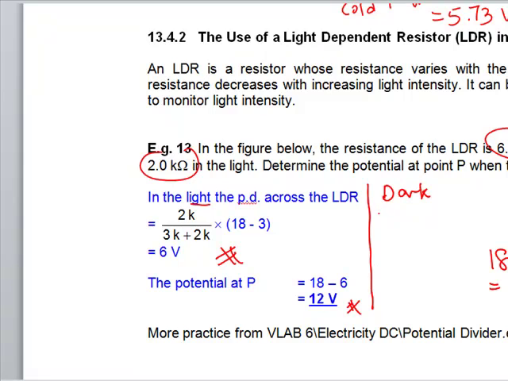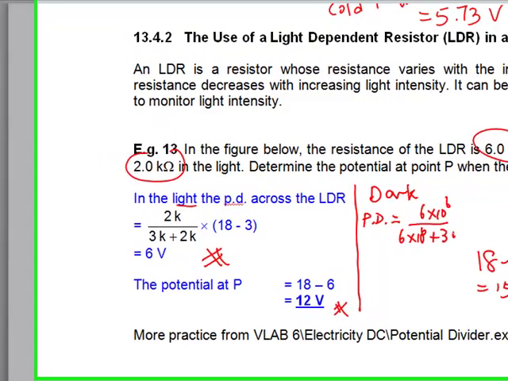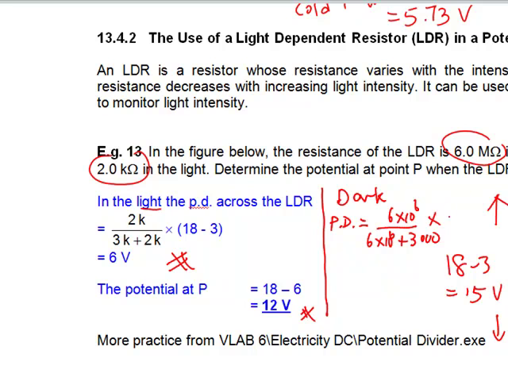Okay, you can repeat the same calculation when the LDR is in the dark. The potential difference across it will be 6 times 10 to the power 6 divided by 6 times 10 to the power 6 plus 3000, and the whole thing multiplied by 15. Now this is going to be approximately 15 volt.